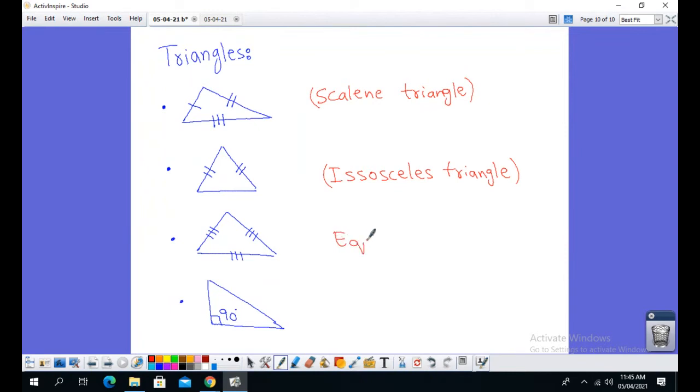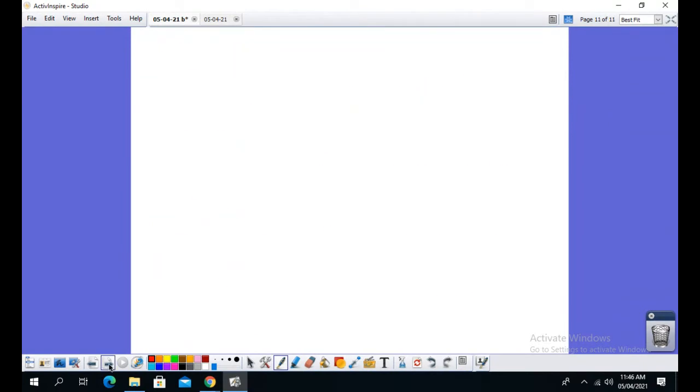And the third triangle is an equilateral triangle. And the last triangle, in which we have one angle of 90°, is called a right angle triangle. We use this terminology in this exercise.